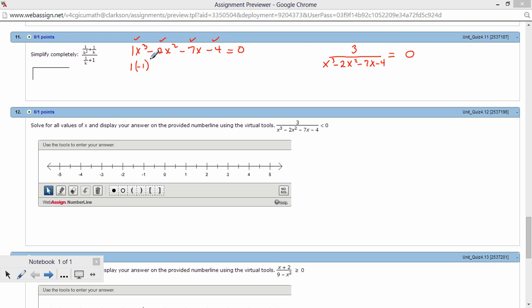If I had 1 times negative 1 cubed minus 2 times negative 1 squared minus 7 times negative 1 minus 4 equals 0, then you would get negative 1 minus 2 plus 7 minus 4 equals 0. And it would actually check. You would get 0 equals 0. So by inspection, I've discovered a root.